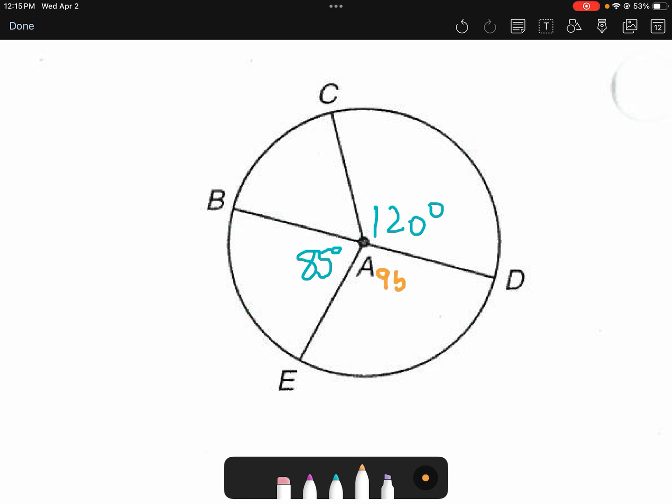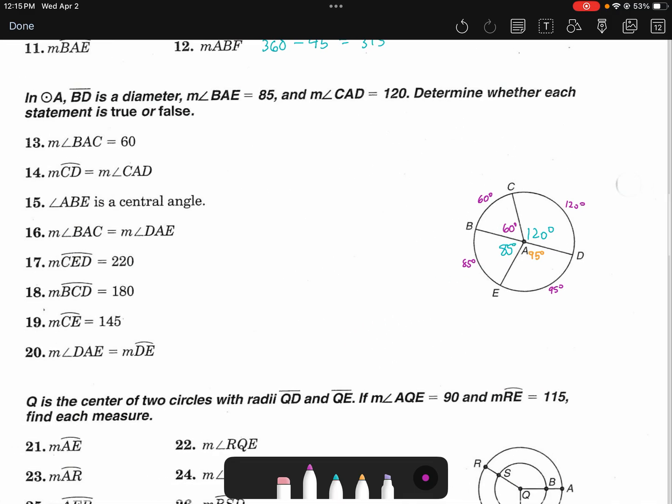Okay, so what's left over? This guy would be 95. This guy would be 60. So obviously all of those arcs would have those measures as well. So do that first, and then you can answer your true false.